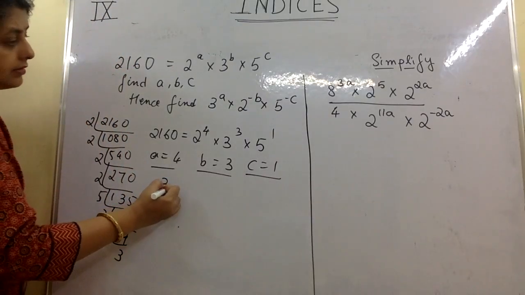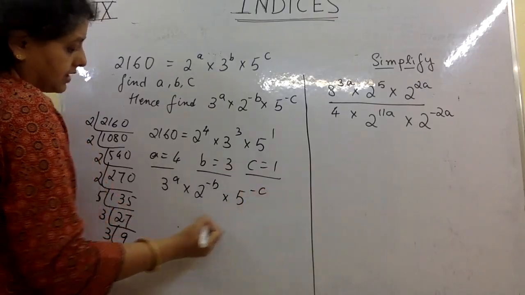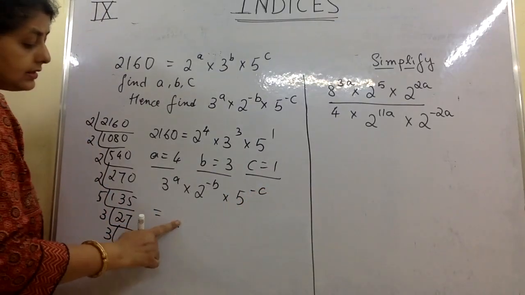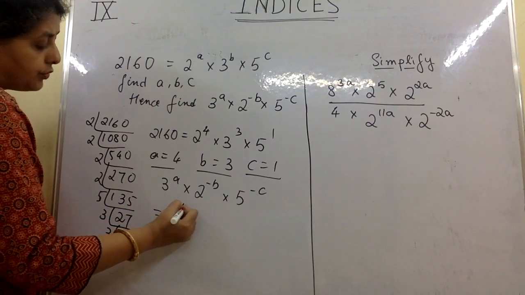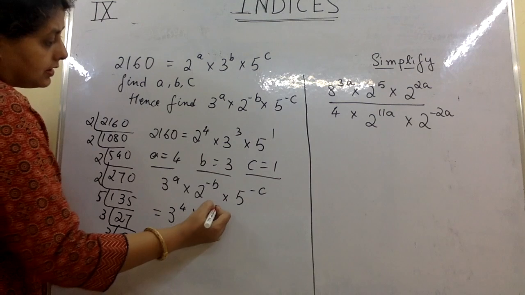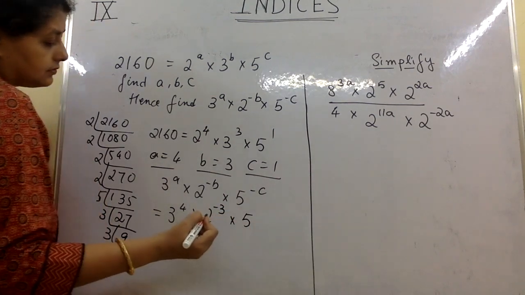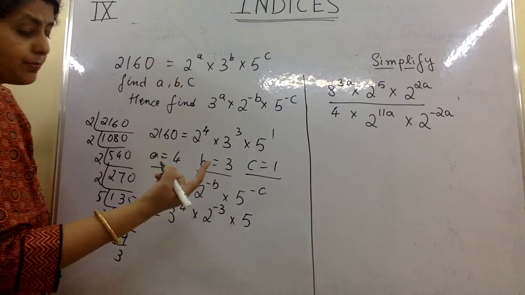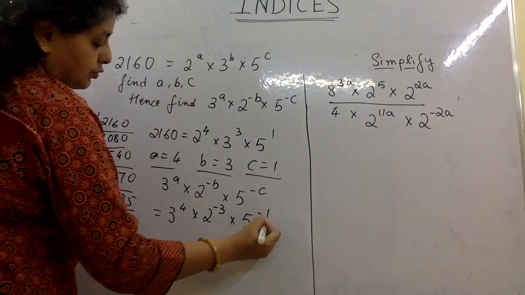So 3 to the power a into 2 to the power minus b into 5 to the power minus c. That is 3 to the power 4 into 2 to the power minus 3 into 5 to the power minus 1.